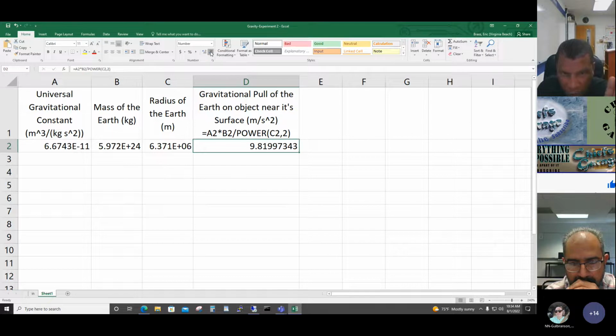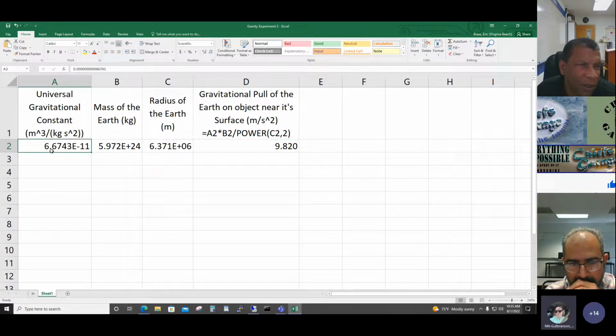Now let's reduce all of those decimal places down to 4 significant figures, and tell me what you have. I got 9.814. How many significant digits do you have here? Mine does not look like that.